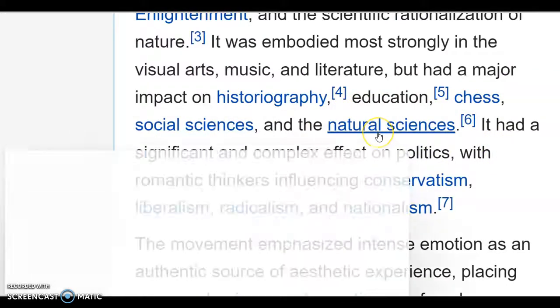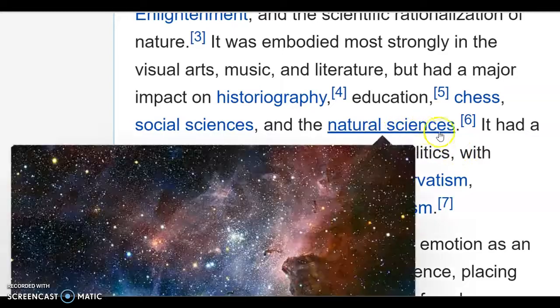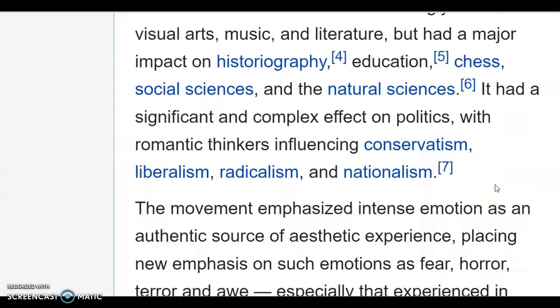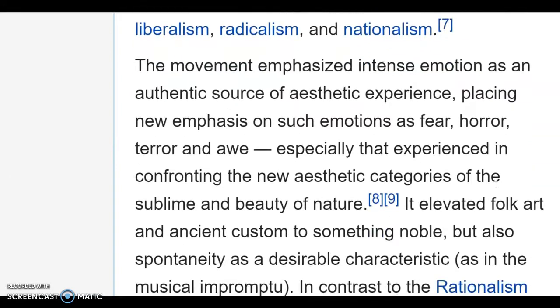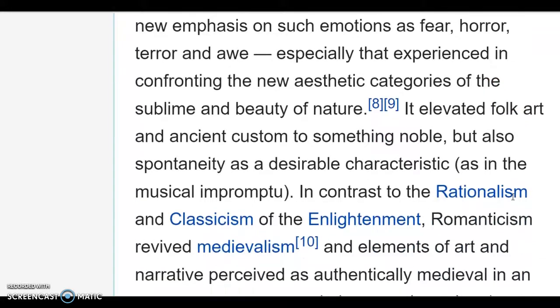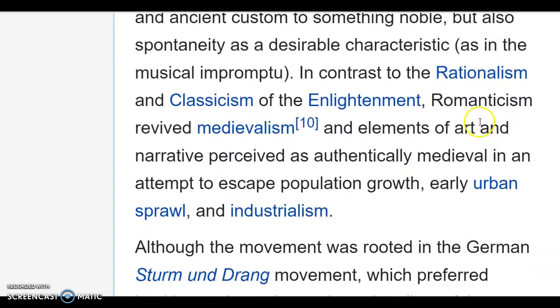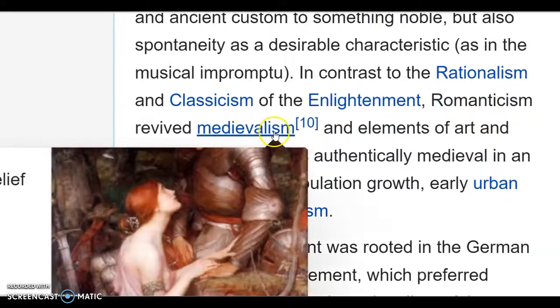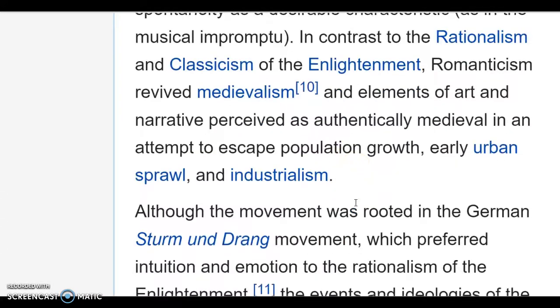And the natural sciences, understanding about transes and naturals and how to trans people. I think I'll do another video on this one because there's a lot more knowledge to cover. Romanticism revived medievalism. In other words, they made up a load of early history at this period. Just made it up.